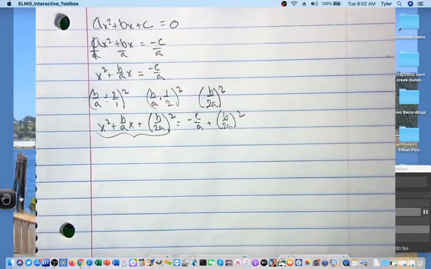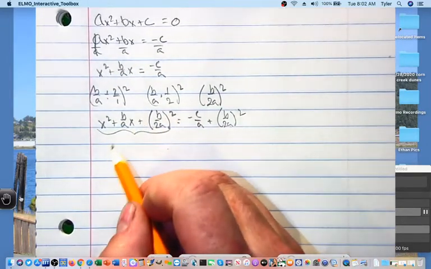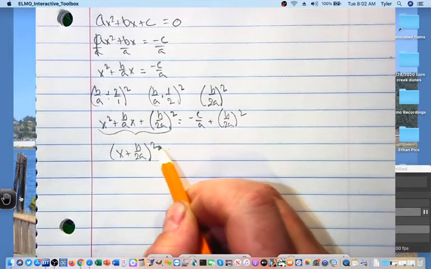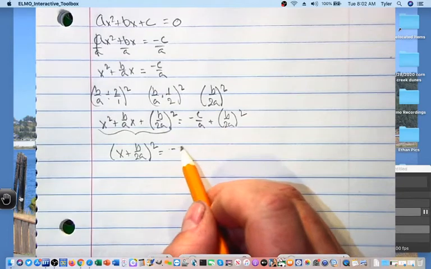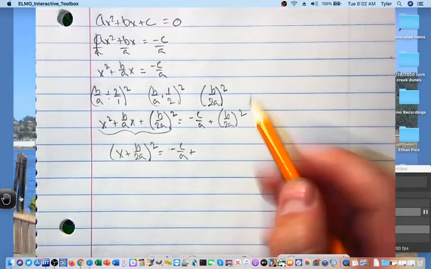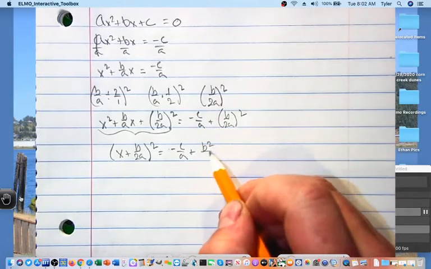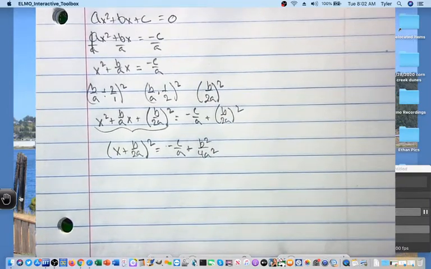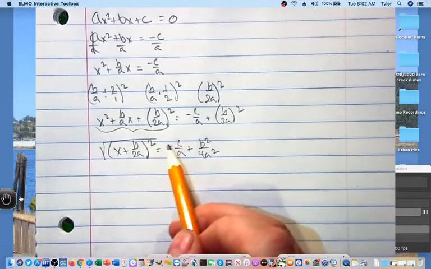Now, this is going to be a perfect trinomial that we can factor. And so let's go ahead and do that. I factor it and I get x plus b over 2a squared is equal to a negative c over a plus, you know what, let's simplify this a little further. That's going to become b squared over 4a squared. Now the reason that we completed the square was so that we could solve this by finding the square root of both sides.